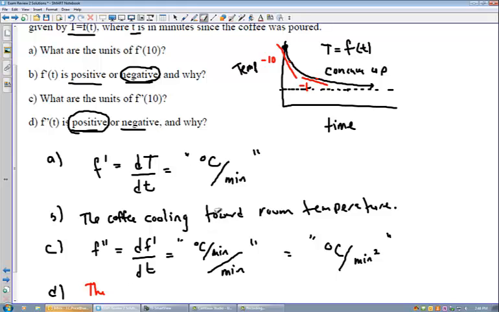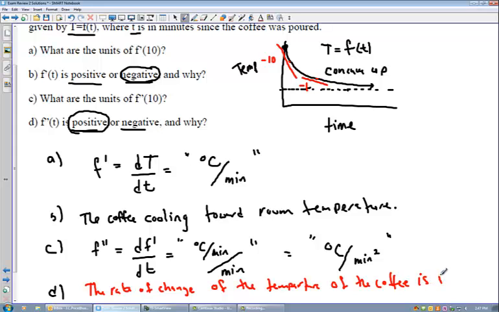So let's say that the rate of change of the temperature of the coffee is increasing.